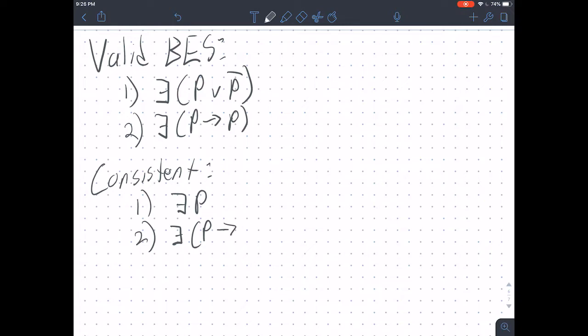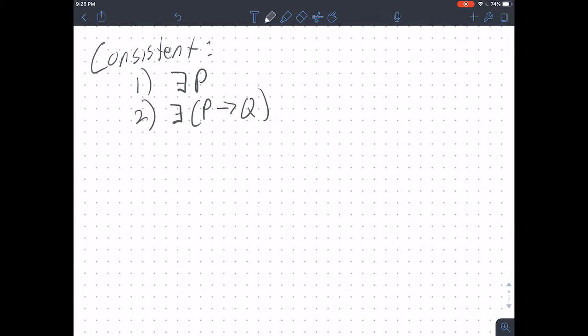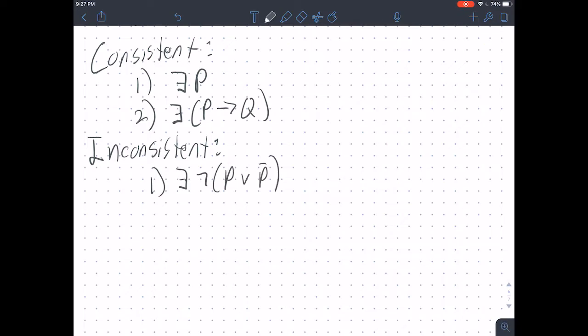Oh, I keep wanting to do the lowercase letters. I'm so used to it by now. Okay. Some examples of inconsistent Boolean existence schemata. And again, you can just check the term schema via truth value analysis if you don't believe me.